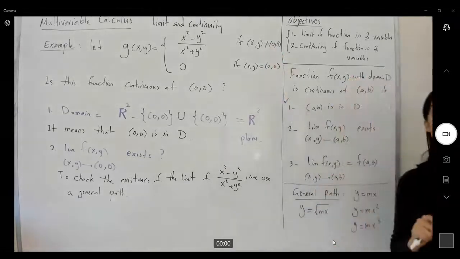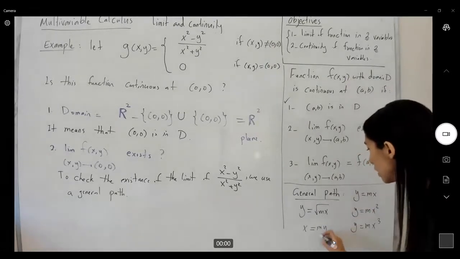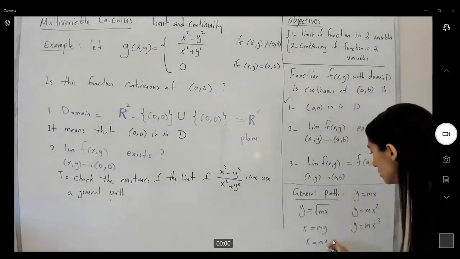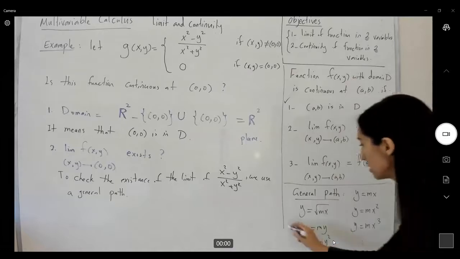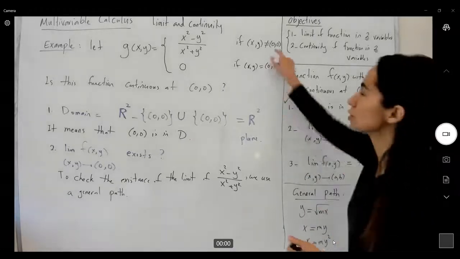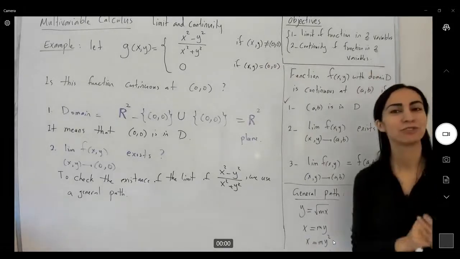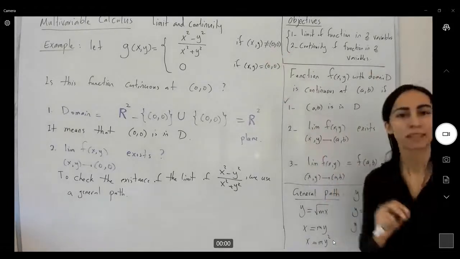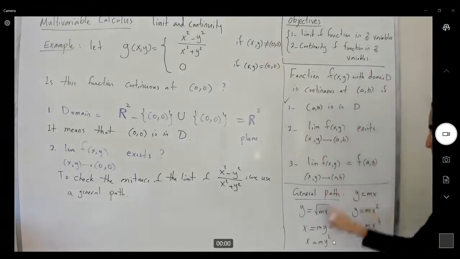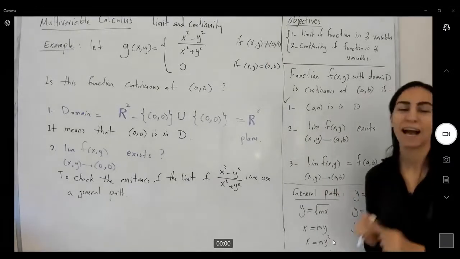Remember that we are working with the origin. Or it can be x equals my, x equals my squared. As long as this path passes through the origin, we're good. Again, remember that if we use a different point like A and B, we have to change these paths so they pass through A and B.